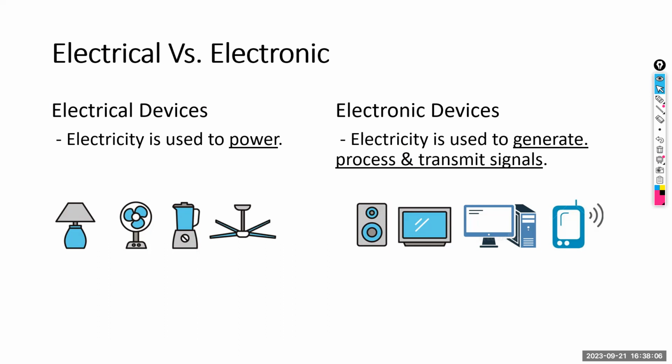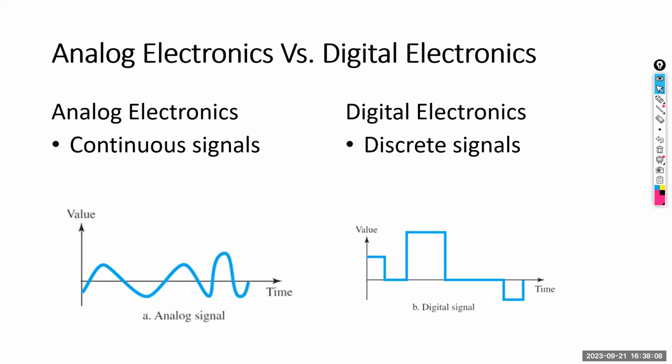Okay. Now, when it comes to electronic devices, there are two types. Those who are doing technology, I don't know whether you have already discussed these things. So what are the two types of electronic devices? Analog electronic devices and digital electronic devices. A computer is a digital electronic device.